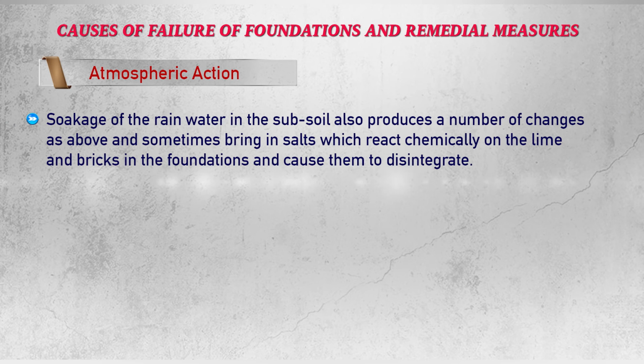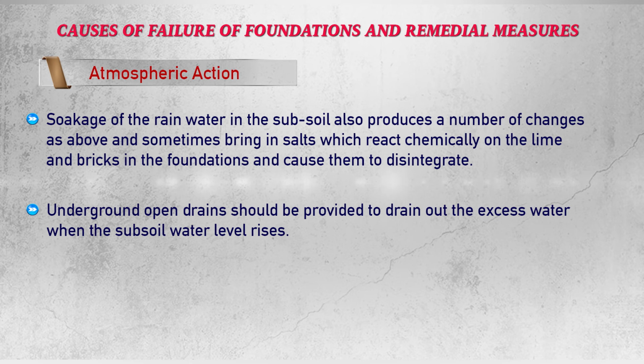Soakage of rainwater in subsoil also produces a number of changes as above, and sometimes brings in salts which react chemically on the lime and bricks in the foundations and cause them to disintegrate.